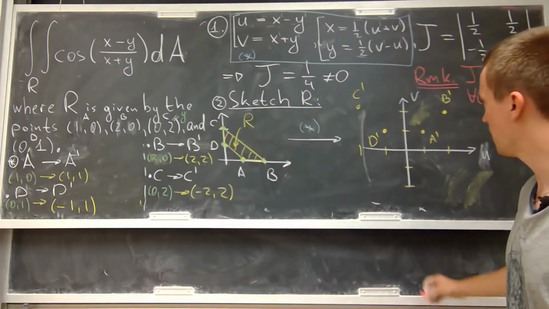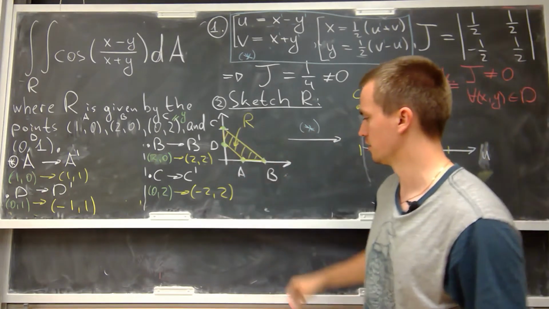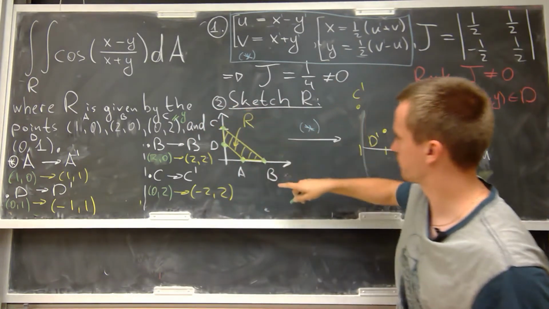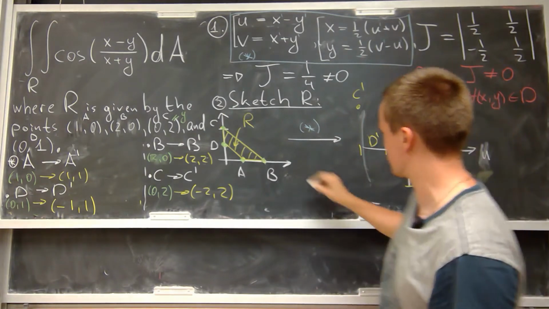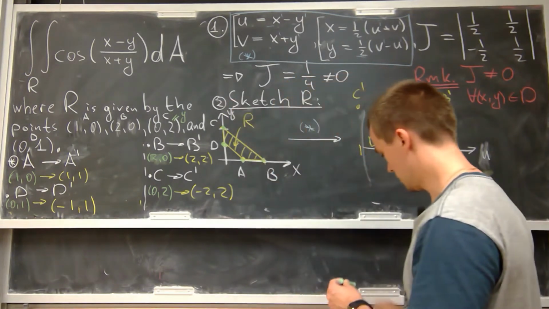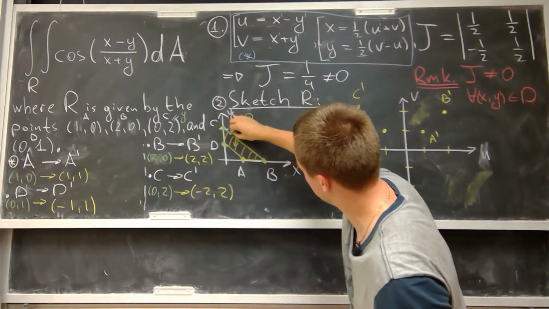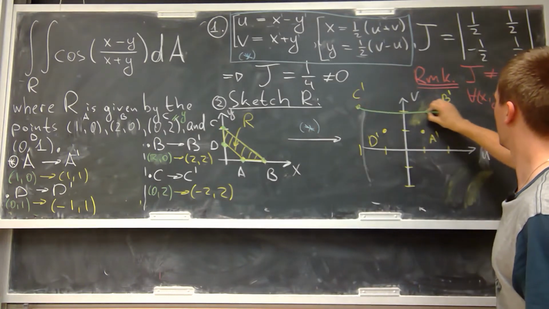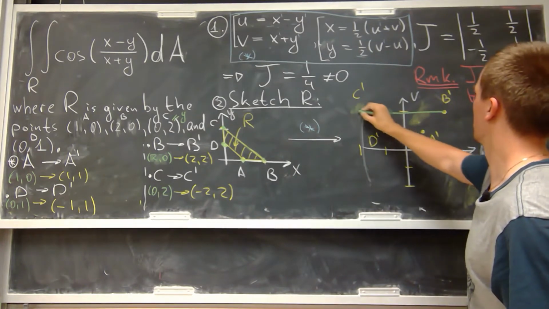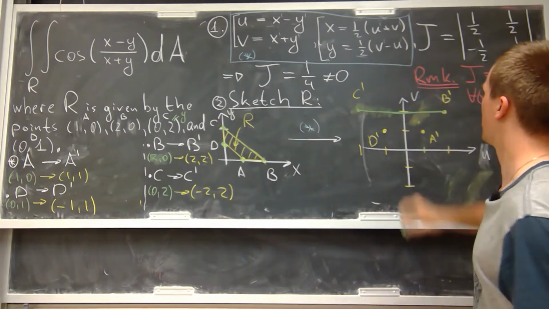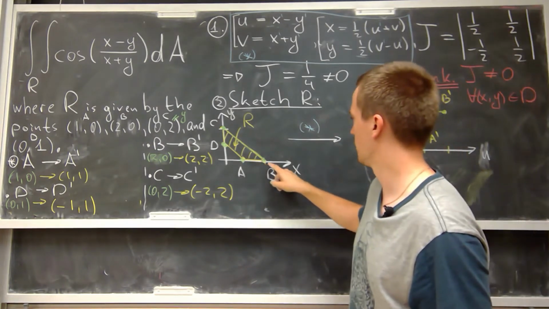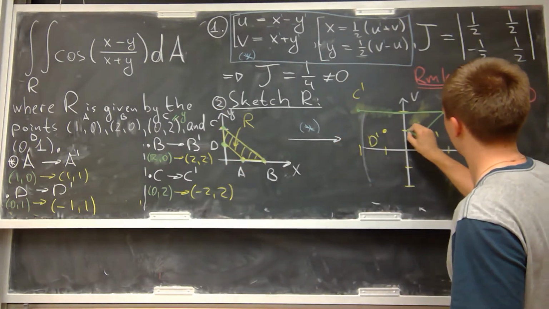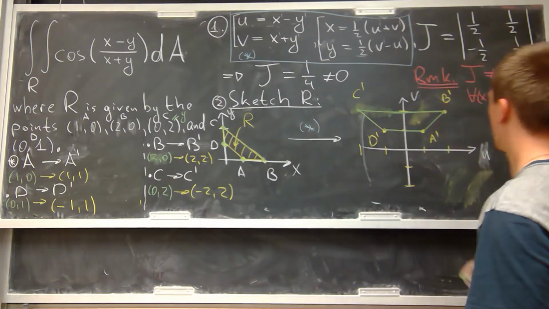And then what is going to happen? We're going to connect all these 4 lines. When a point in the xy plane goes from C to B, the same point will go from C prime to B prime along a straight line. When a point goes from B to A, from A to D, and from D to C, it will cover this region by straight lines.